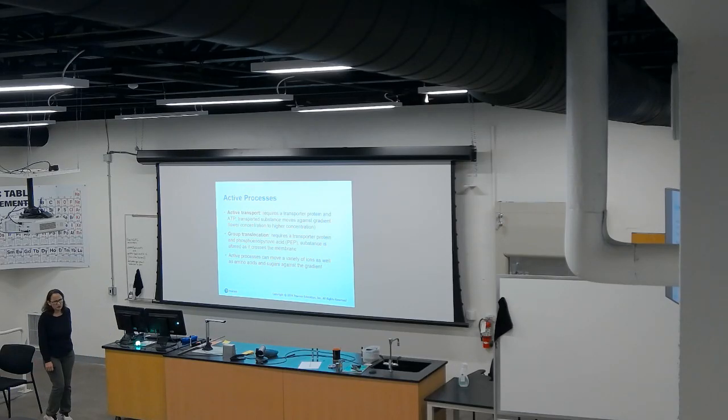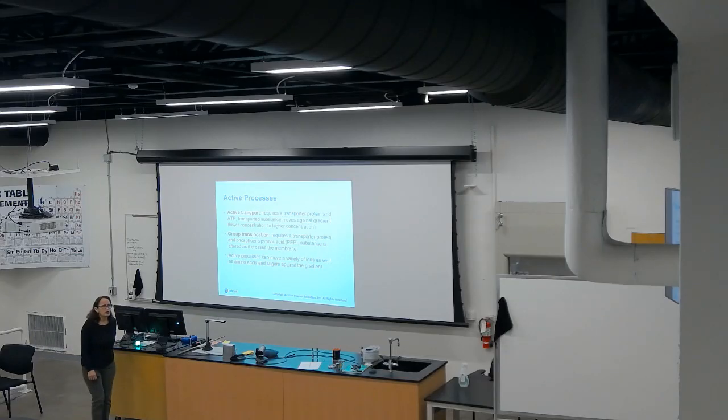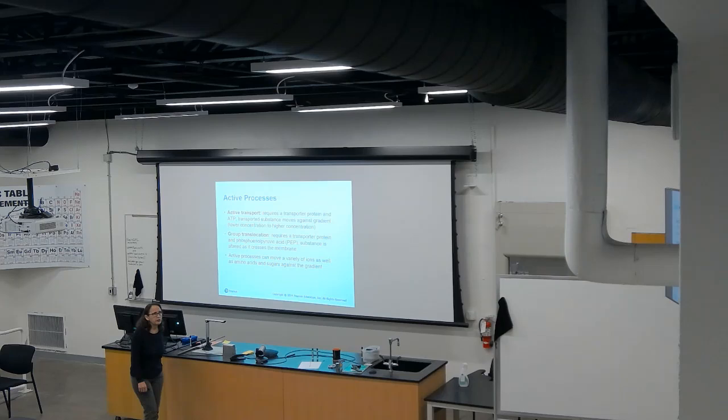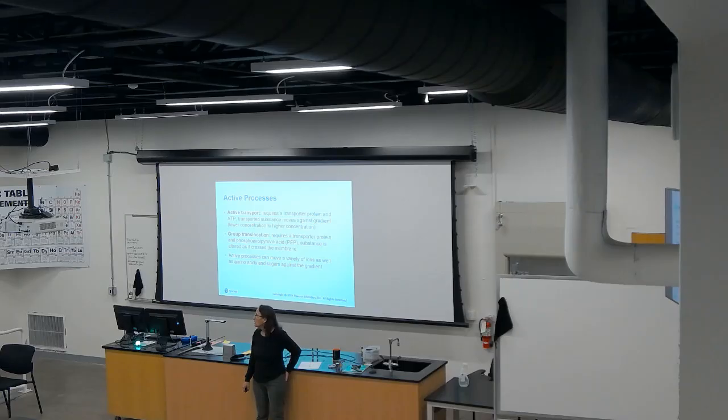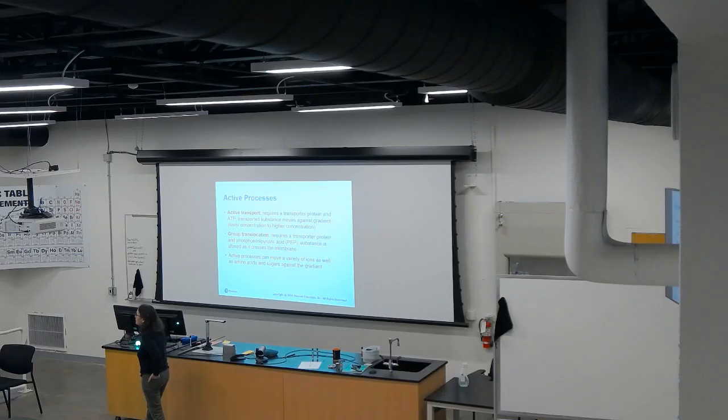So those were passive modes of transport. Now let's talk about active transport. Again, we require energy, and that energy will be in the form of ATP. You will be moving substances against their concentration gradient, from lower to higher.